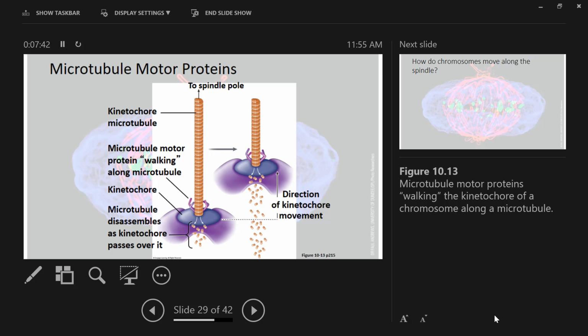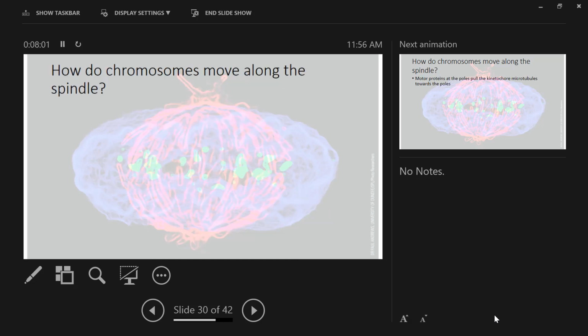Okay, so the motor protein kinesin is physically attached to the kinetochore and is walking along a shortening microtubule. And you see the microtubule is shortening at this end, right where the chromosome is, at basically the same rate that kinesin is walking those chromosomes towards the poles. Okay, so to summarize all this, how do the chromosomes move?